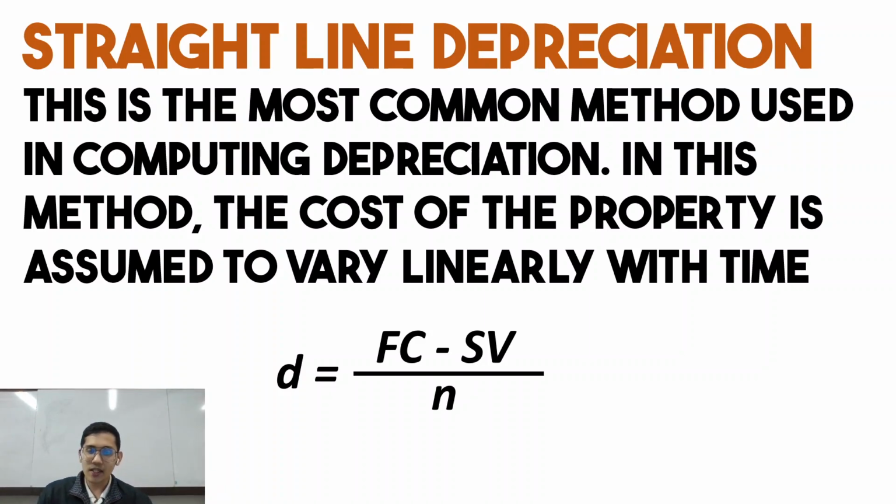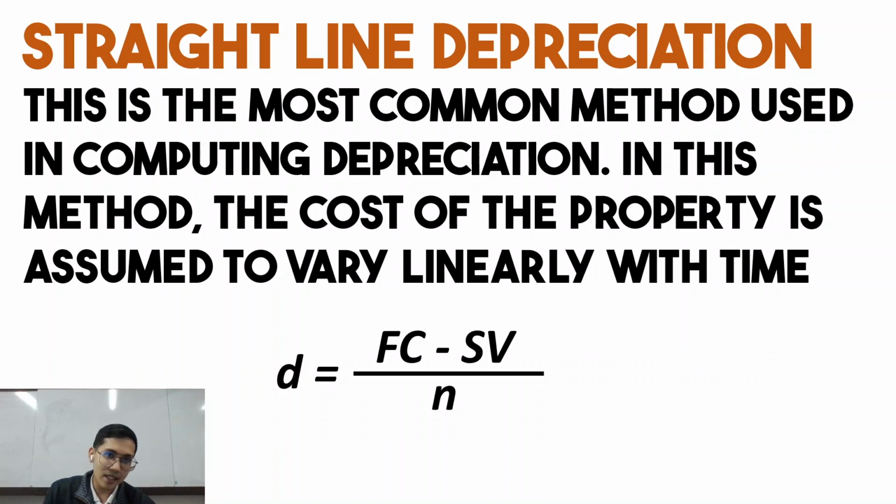Meron kang kotse, tatanungin sa'yo, ilang years na siya sa'yo. Kadalasan doon natin sinasolve kung gaano natin siya ibebenta ng second hand. So, we have this formula. D is equal to first cost minus salvage value all over N, or how many years we use the product natin.